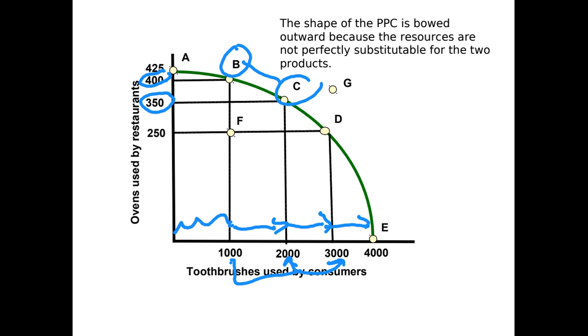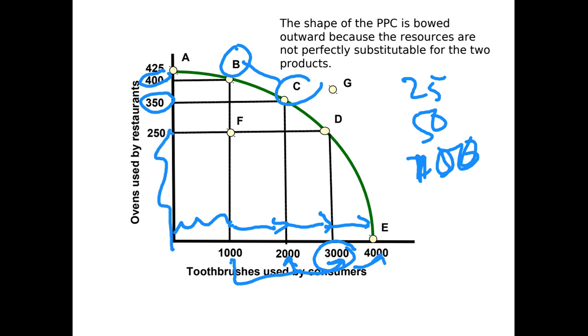So initially it was 25, then 50, then 100. And then when you move from 3,000 to 4,000, your cost is 250. So notice that opportunity cost is increasing as you keep producing toothbrushes.